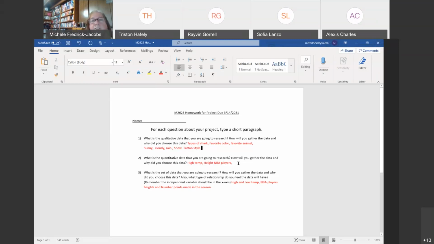And then here, she did it by cost of the tattoo. And then this one, she did length of tattoo and cost. Now, she thought the longer the tattoo, the bigger the cost.